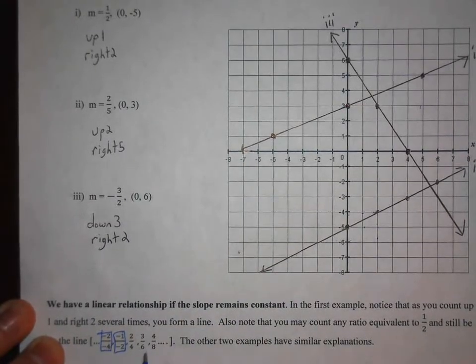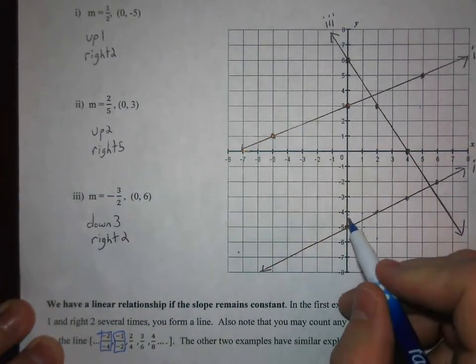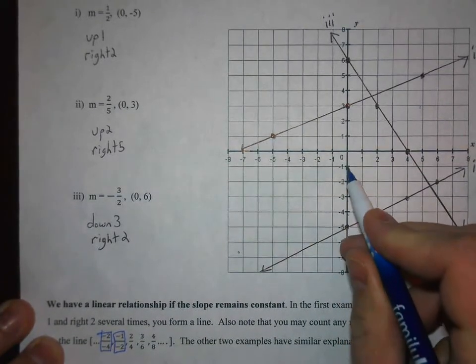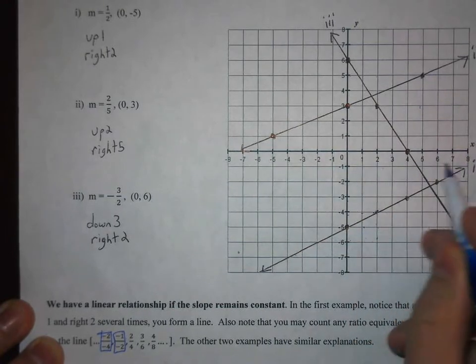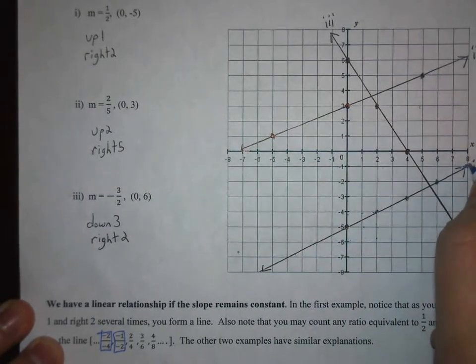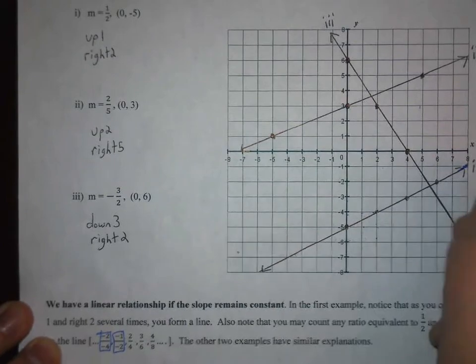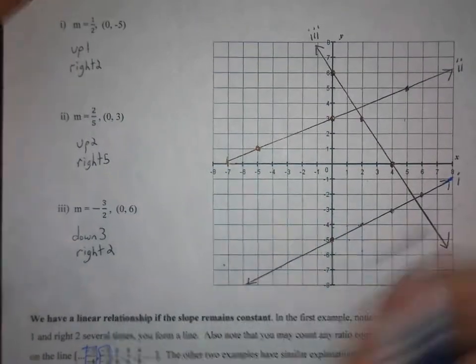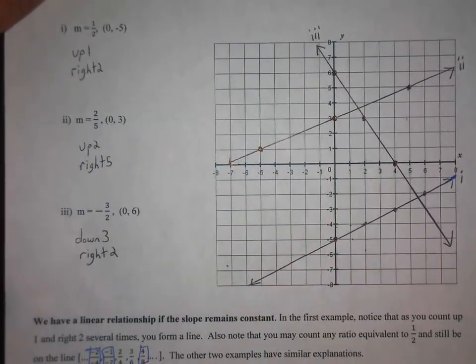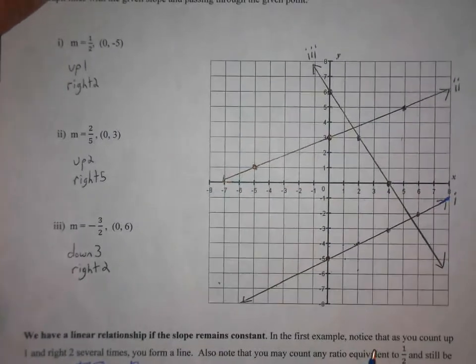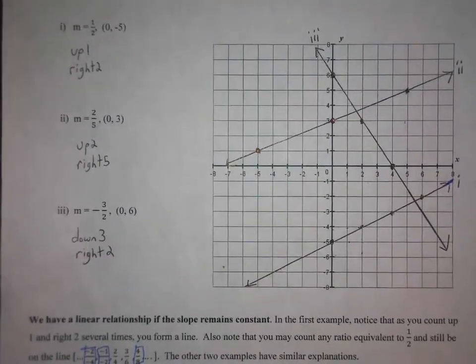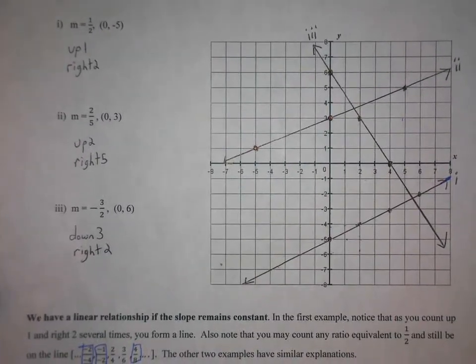If we counted up 4 to the right 8, so 1, 2, 3, 4, and then to the right 8, that would take us to this point right here, which would be on the line. So that'd be 4 divided by 8. So that's what it means: any ratio equivalent to 1/2, as long as you count that, then you'll stay on the line.